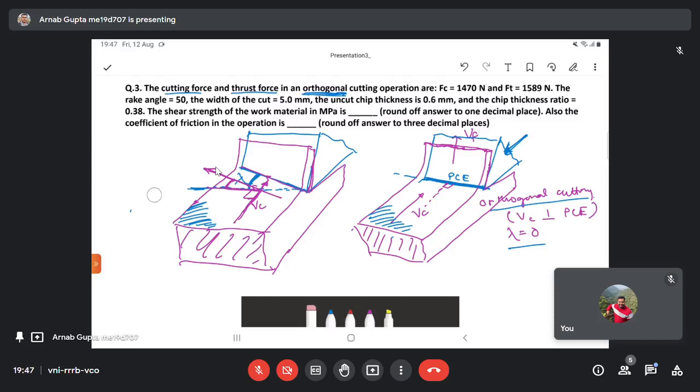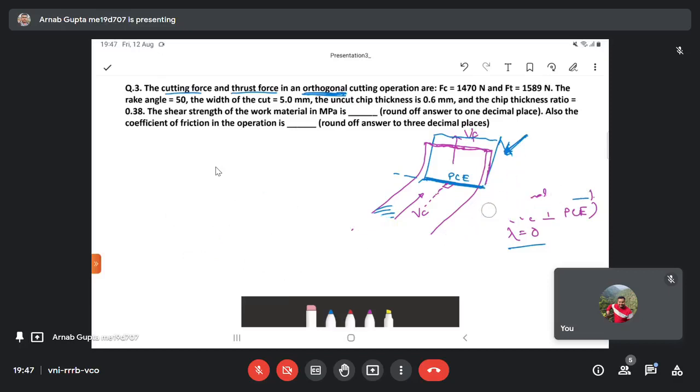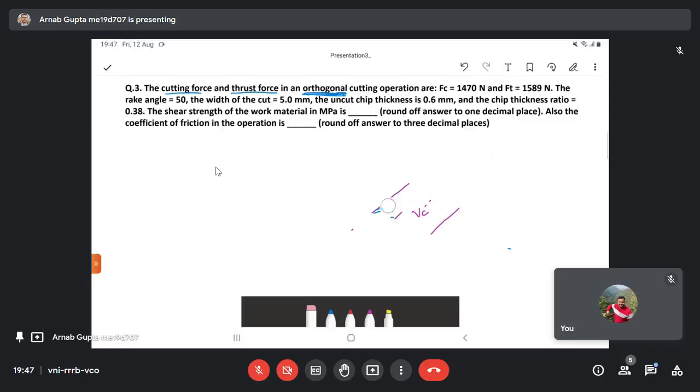Rather, coming back to this particular question, it is a pretty easy question. I will try to solve it using the Merchant circle diagram. If you remember the equations, then also you will be able to solve it, but it is not possible to remember all the equations for all the forces. So in that condition, it's better to draw the Merchant circle diagram.